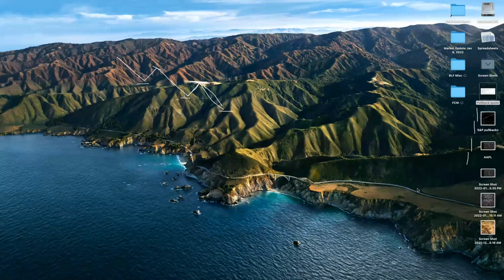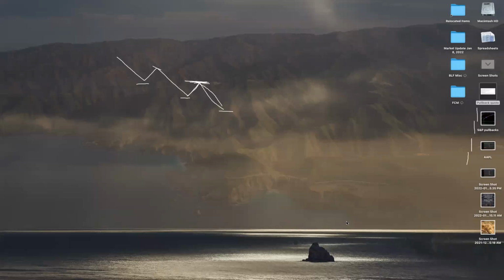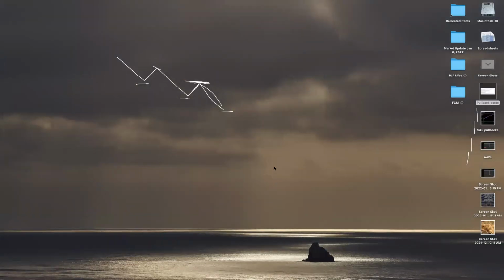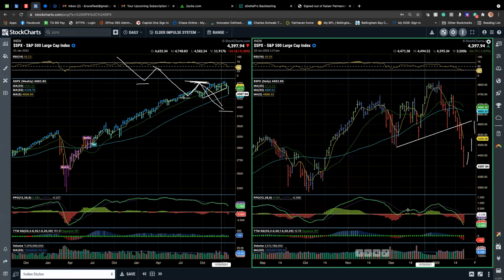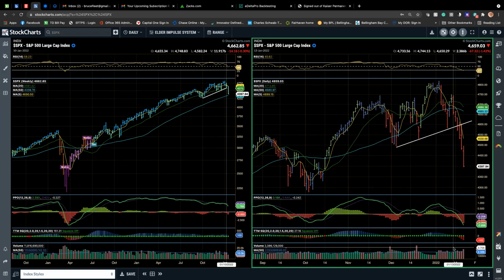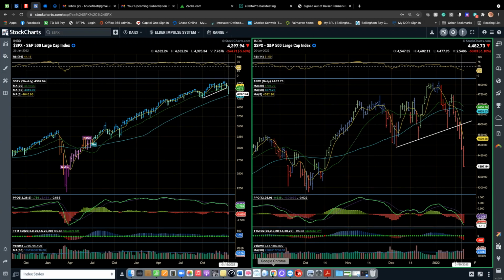Well, let's take a look at the chart again. If we go back to this chart, and let me see if I can clear those annotations. Actually, I'm going to go to a different chart, but bear with me one more second here.